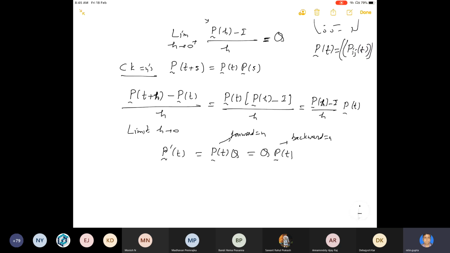So these are the notations in terms of matrix. So this implies that the solution will be P(t) is P(0) e raised to power Qt.